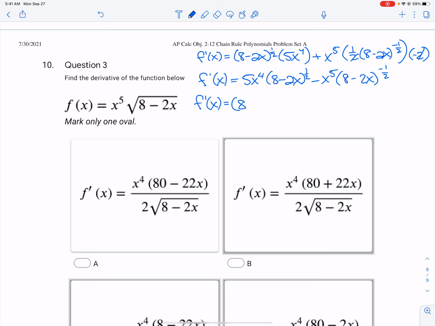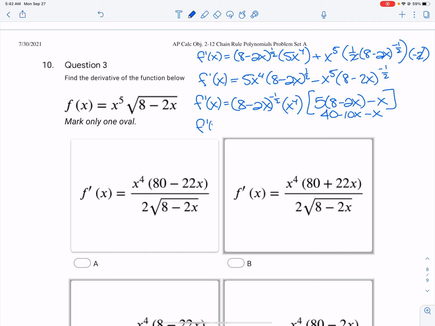So I'm going to factor out 8 minus 2x to the negative 1/2, and I'm going to factor out an x to the 4th. And then what I'm left with is a 5, 8 minus 2x to the first power, and then minus x. So this gives me 40 minus 10x minus x.